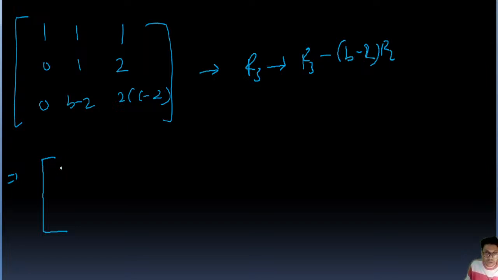So this is going to be 1 1 1, and this is going to be 0 1 2, and this is going to be 0 0 and so on.